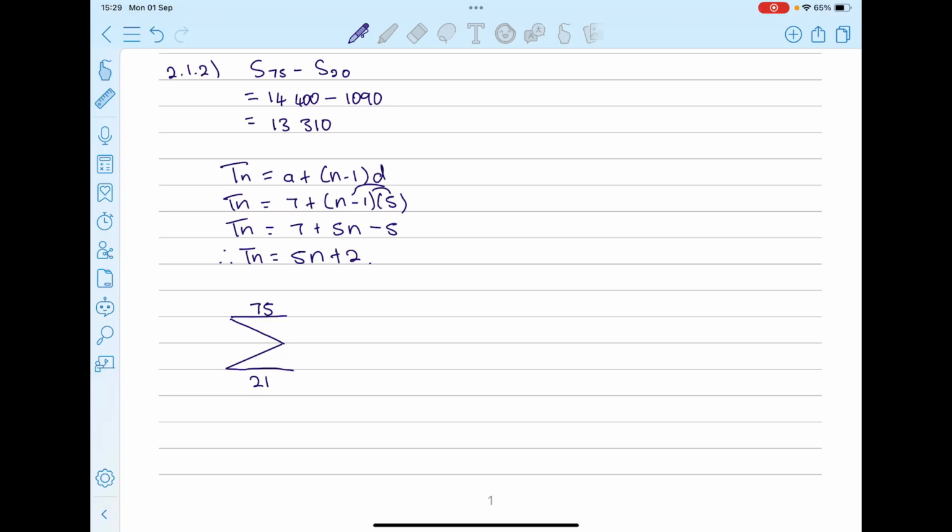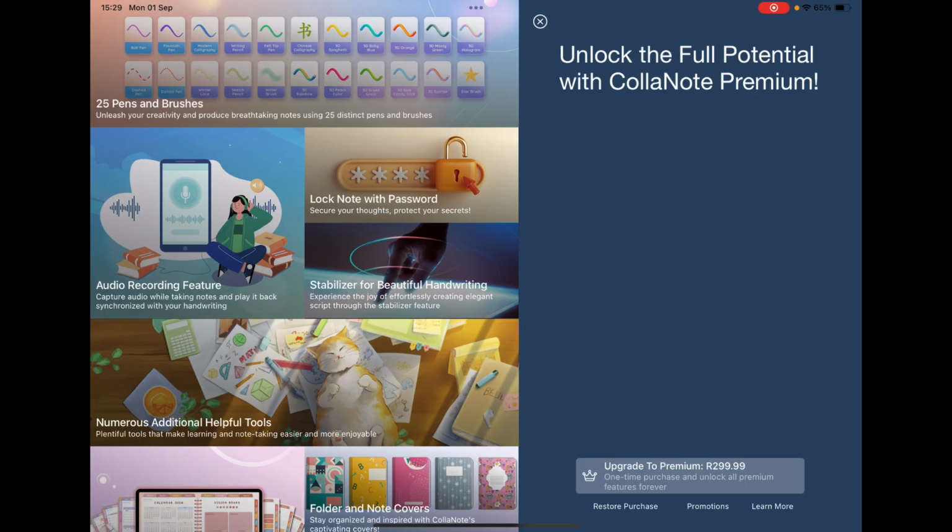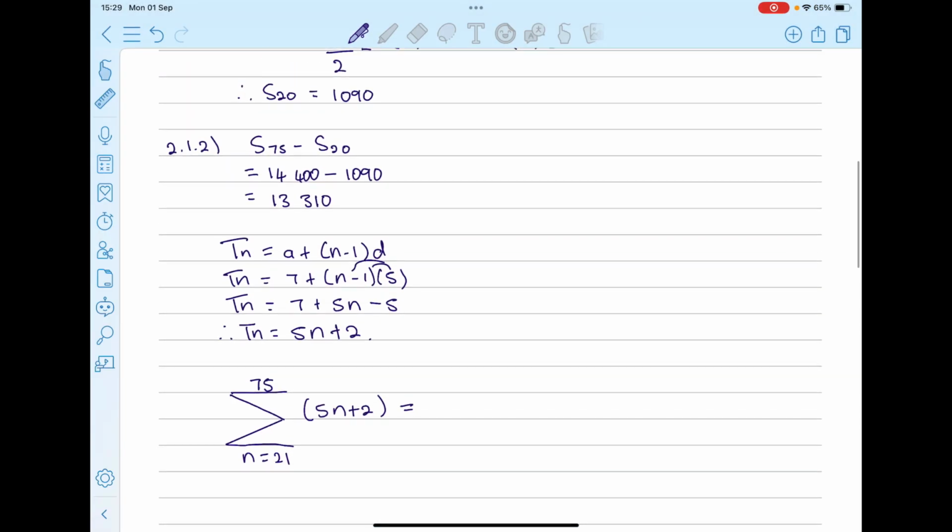And then our general term, which we have, which is 5n plus 2. And here let's indicate that we are starting at n is equal to 21. And we also know the sum of this. It will be that 13,310 that we calculated at the top.